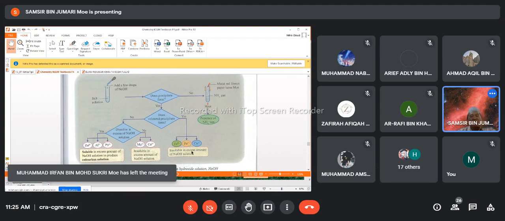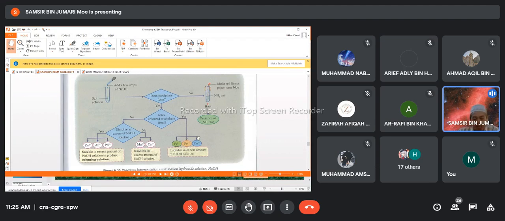Okay, yang warna ni dia mudah lah sebab kita tahu dah ada warna-warna je. Okay. Tapi yang ini semuanya not soluble. Okay, the blue precipitate will be formed, not soluble in excess sodium hydroxide solution.